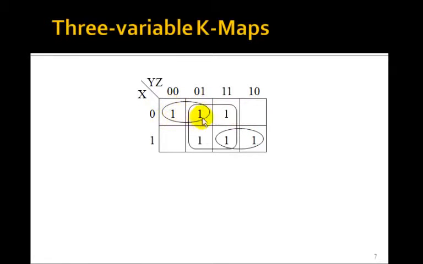And what are we left with? Well, what's this term? This is not x. What goes away here? Yeah, the z goes away, so I'm left with not x and not y. What about here? Yeah, the z goes away again, and I'm left with x and y.